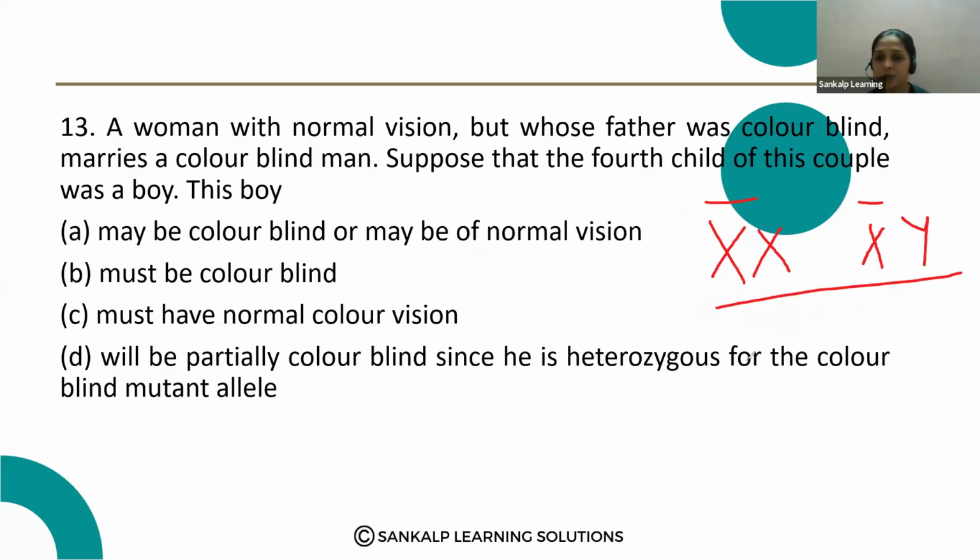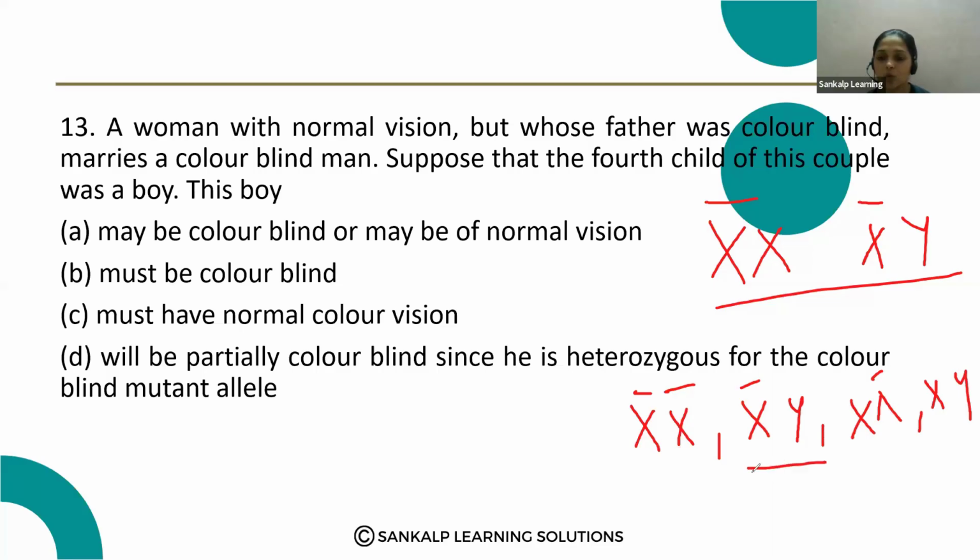So what will be the offspring? XX, the girl is affected, and XY, the son is affected. XX girl is a carrier and the boy is normal. So what will the fourth son be?